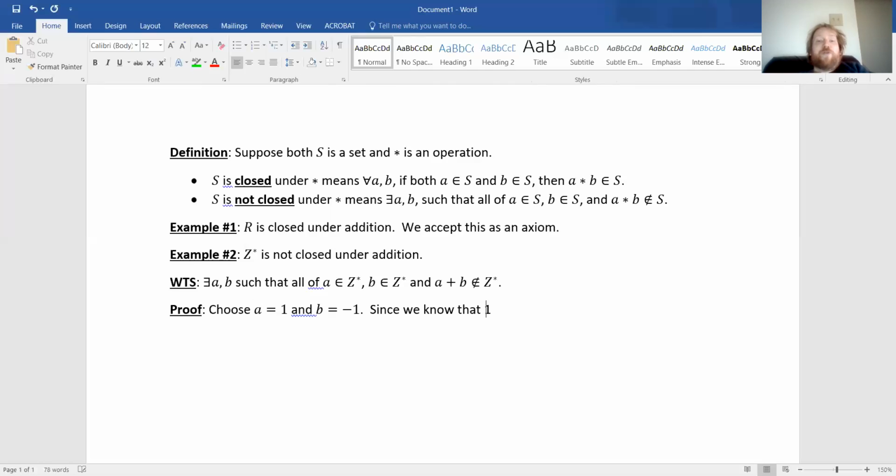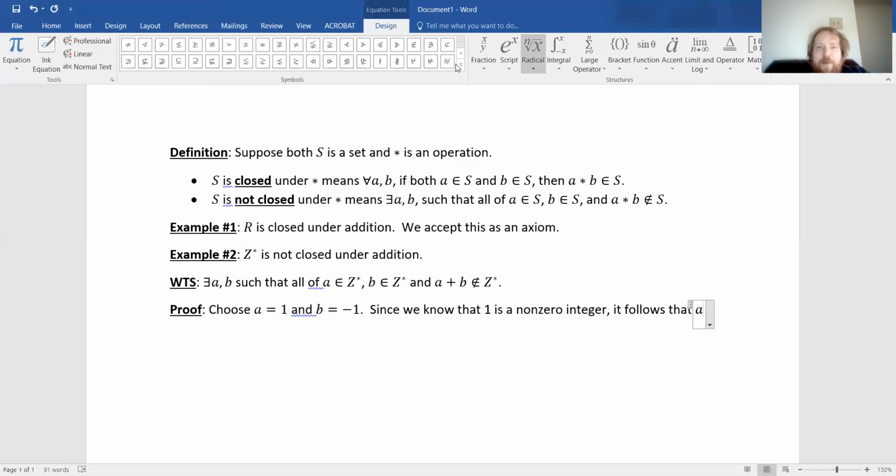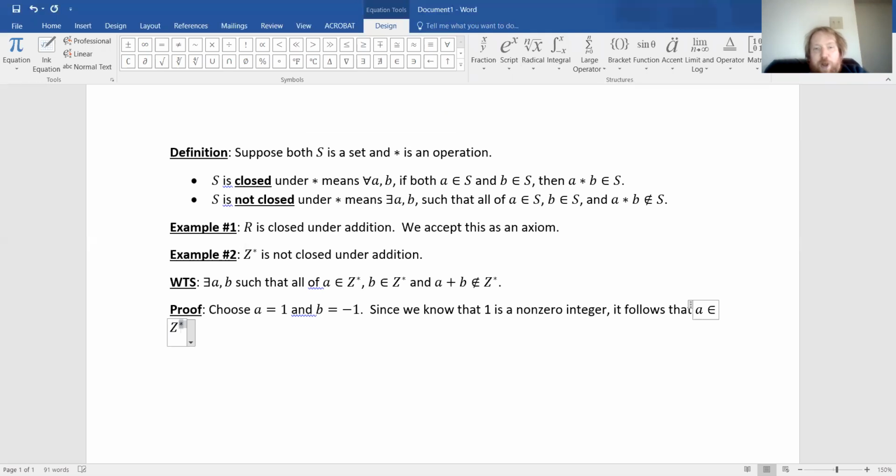Since we know that 1 is a non-zero integer, it follows that A is a member of Z star.